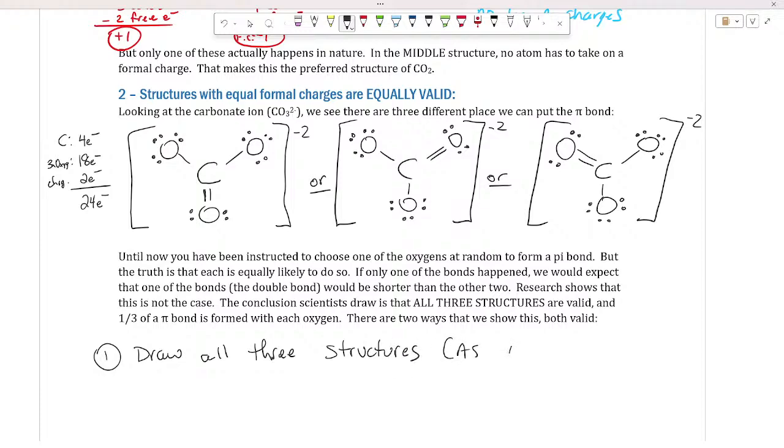As above. I'm not going to redo that. So anytime that there's multiple structures available, you can draw all three.